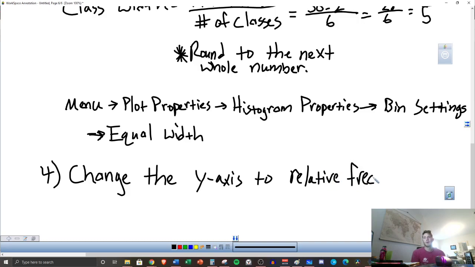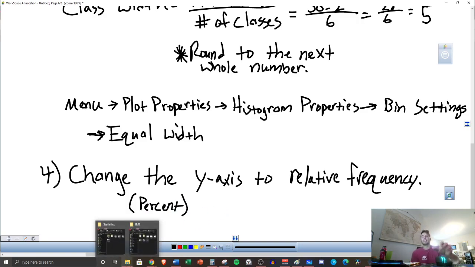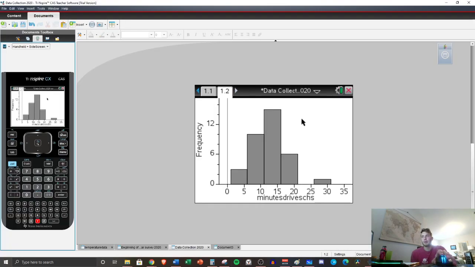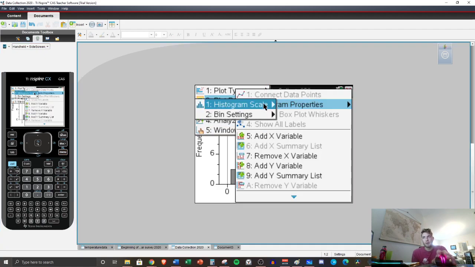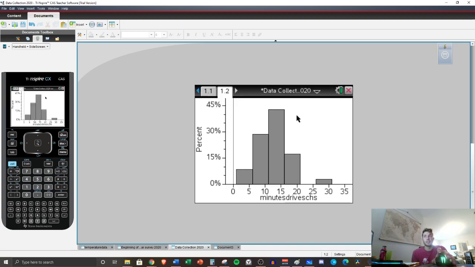And if you remember what relative frequency means, we're talking about percents. All right, so this is the last thing we're doing. So to follow these steps: menu, plot properties, histogram properties, the scale is what we want, and you can see we want percent.